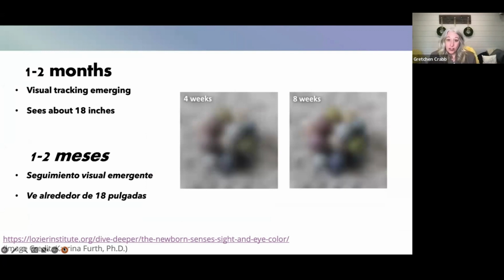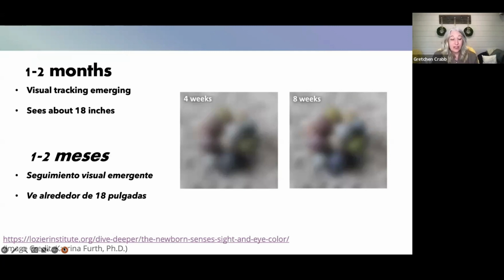At about 1 to 2 months of development, you can see from the pictures here, so 4 weeks to 8 weeks, the forms and the shapes of what they're starting to see are a teeny bit clearer. You can also notice that they start seeing faint examples of color. Their visual tracking starts emerging.